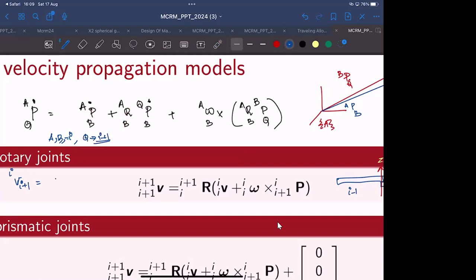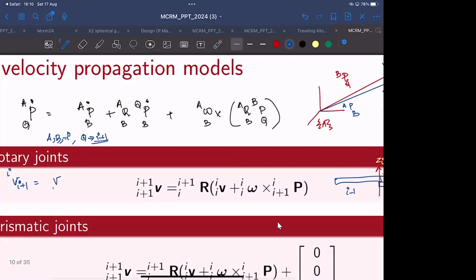The term that remains is the velocity of I with respect to I, plus the angular velocity, omega I with respect to I, cross product, because A and B we consider to be I, and this is an identity matrix because A and B are a unity.